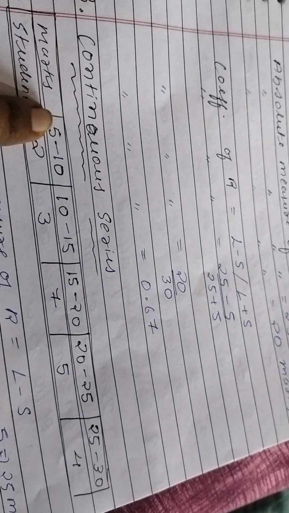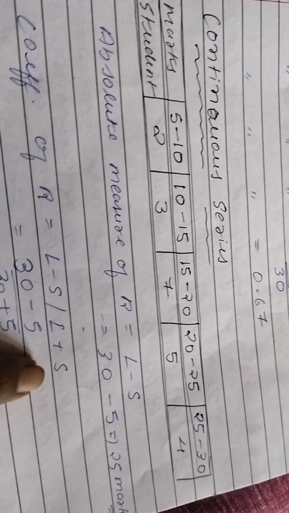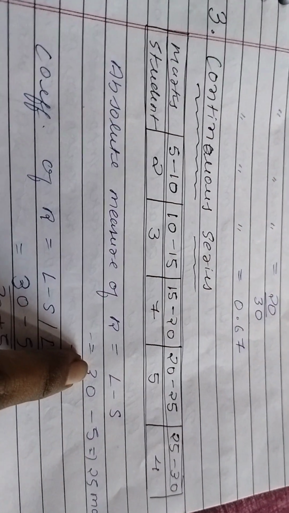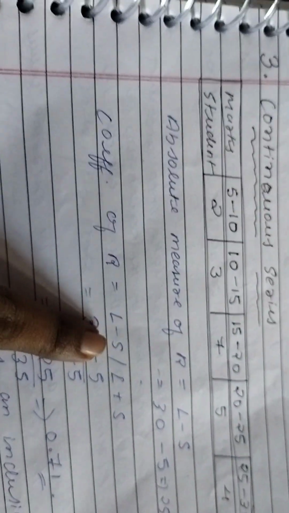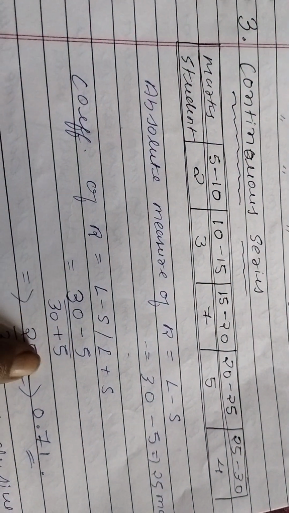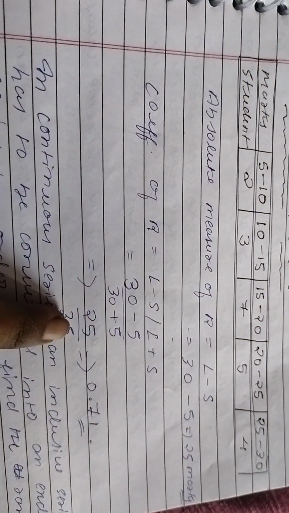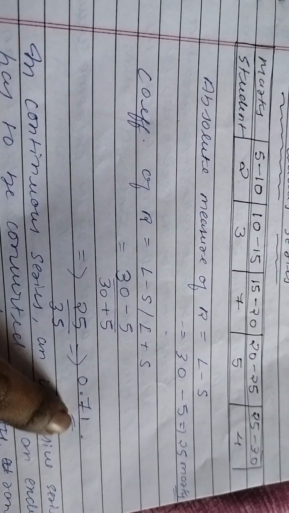So the smallest value is 5 and the largest value is 30. When we take the difference, 25 will be the answer. Coefficient of the range is L minus S over L plus S, 30 minus 5 over 30 plus 5, which is 25 by 35, and as a fraction we get 0.71.